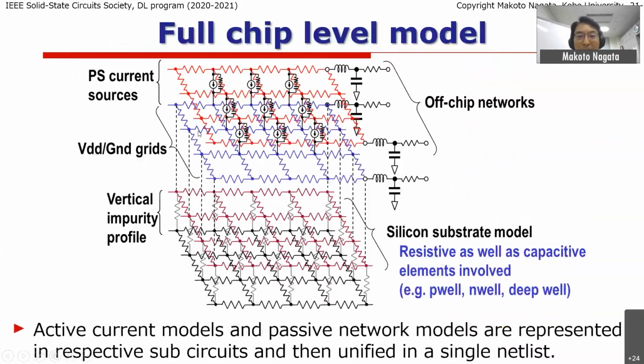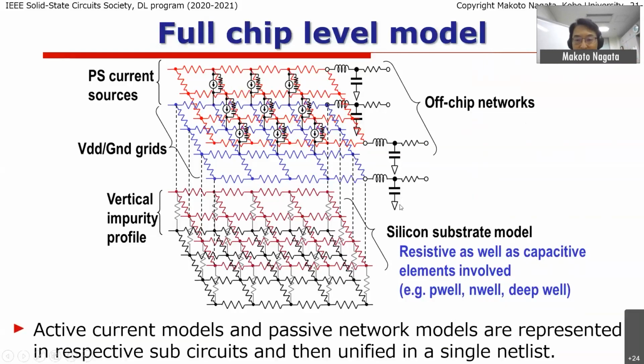So the chip level model means the combination of the on-chip active parts, as I mentioned in the previous slide, with some gates like a NAND, inverter, and some others. Those gates are represented by the captured current model. In this case, the current model stands for each of the gates. Those current models are connected to the resistive capacitive networks, which are included in the passive part of the model.